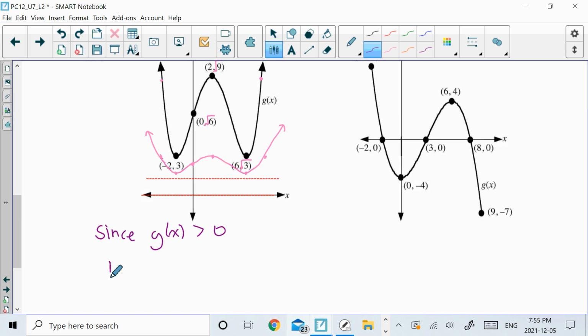So the domain of h of x, which is going to be its radical graph, will be all real numbers, right? And if I look at my domain of my radical graph, it is going to be all real numbers.